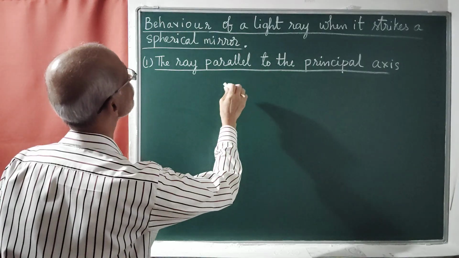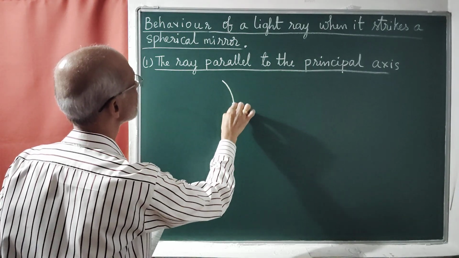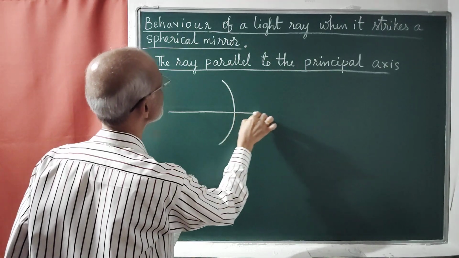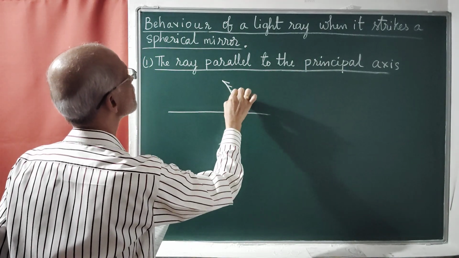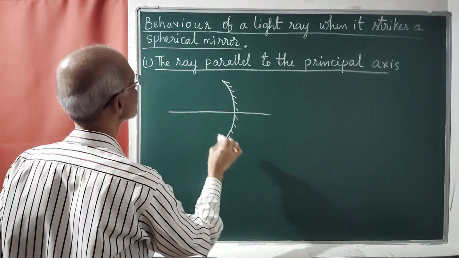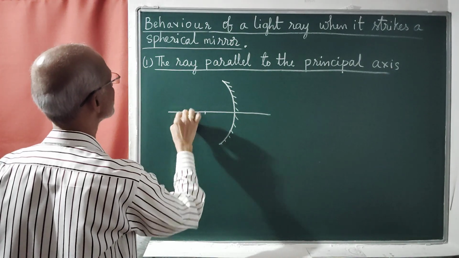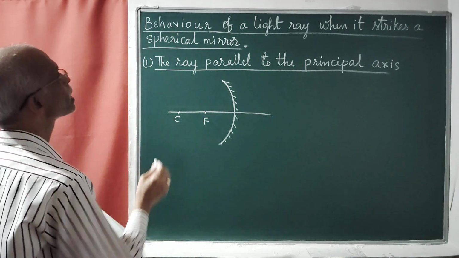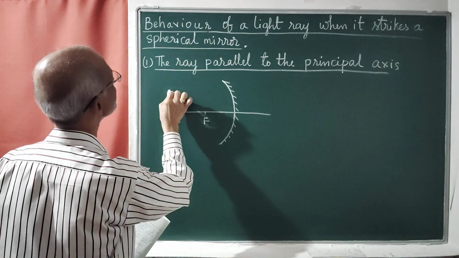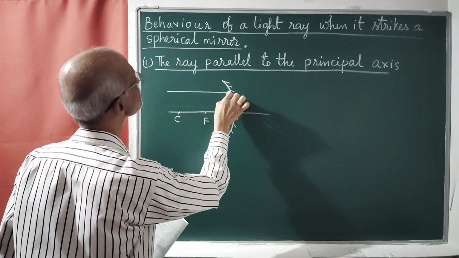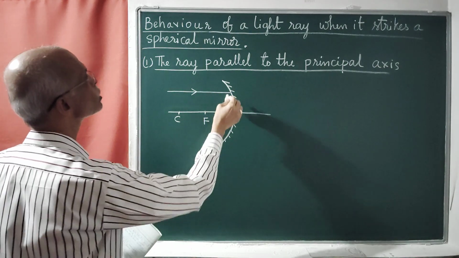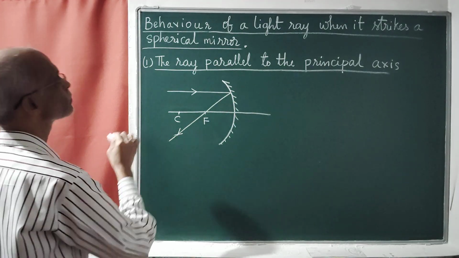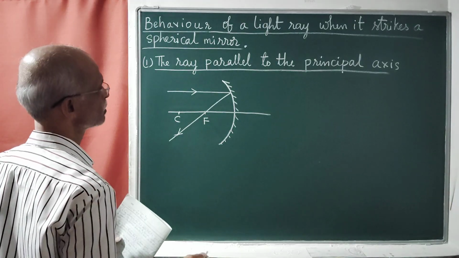In the case of a concave mirror, the ray that is parallel to the principal axis, after reflection, goes through F. Goes through F in the case of a concave mirror.